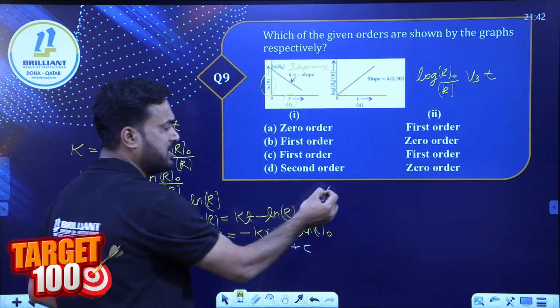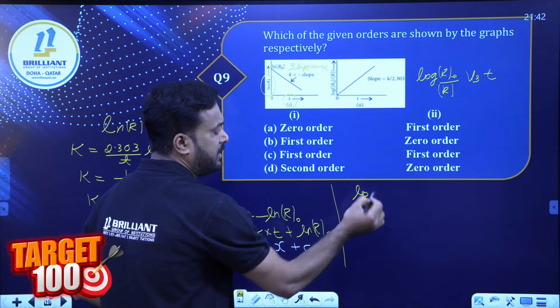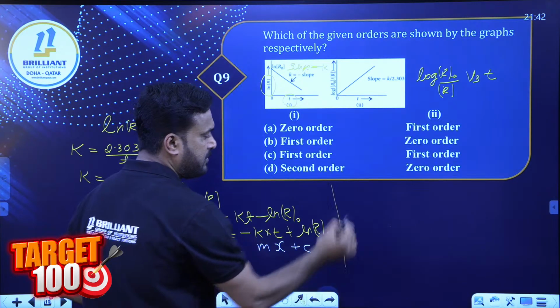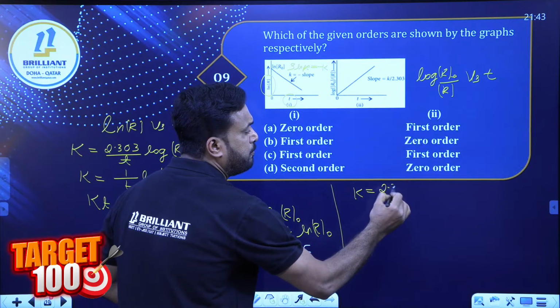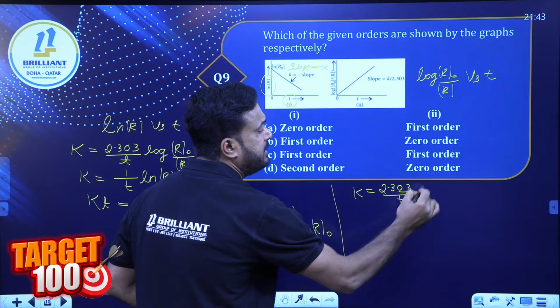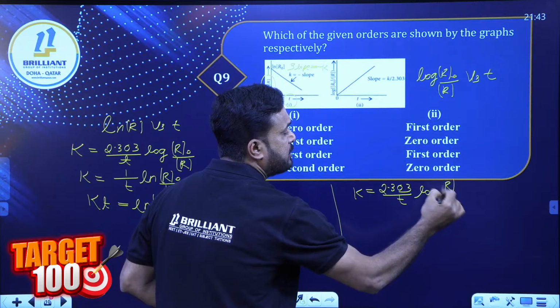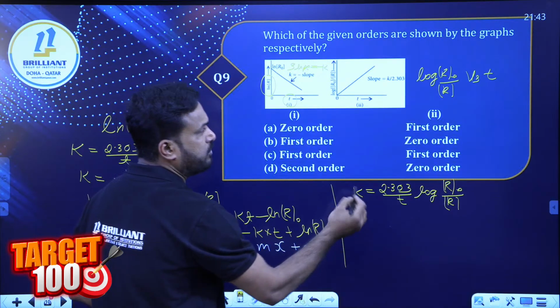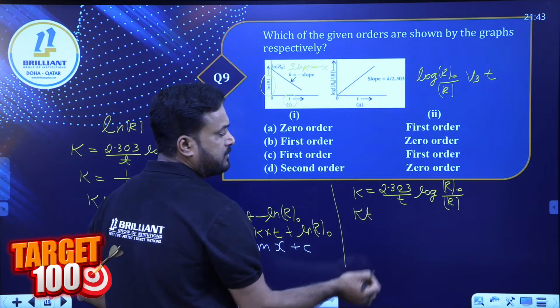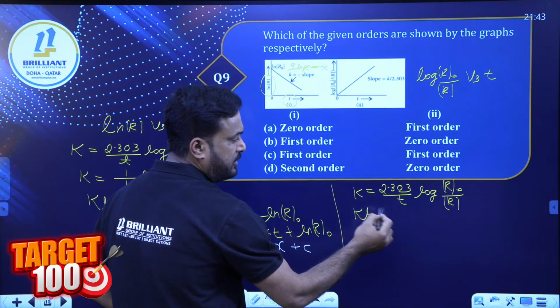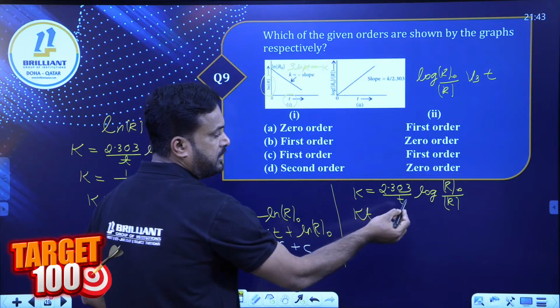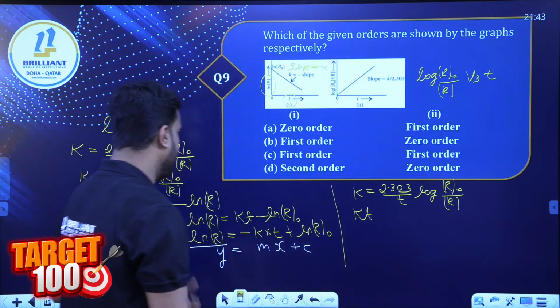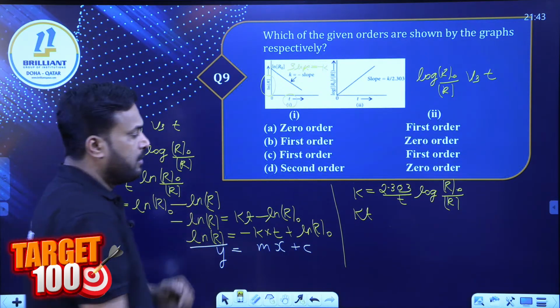So we can use the same equation. You know that we have the equation k equal to 2.303 divided by t log r0 divided by r. Again you can rearrange the equation the same way we did for this one. I will write kt. So kt is equal to, you can take 2.303, because log again we are going to expand the same way.